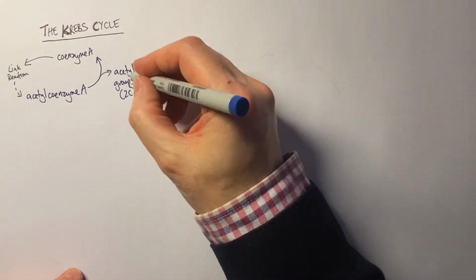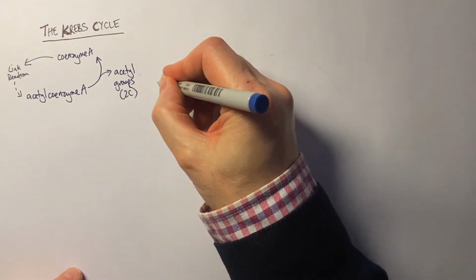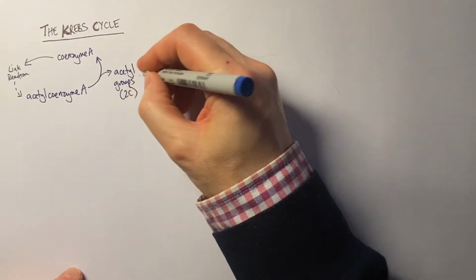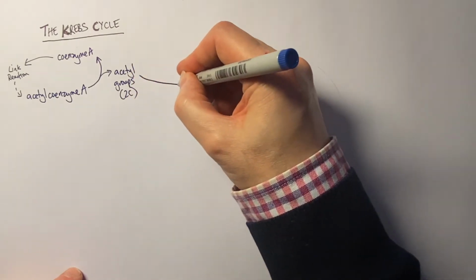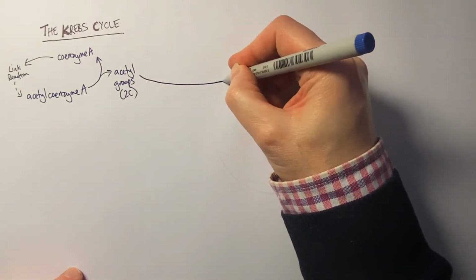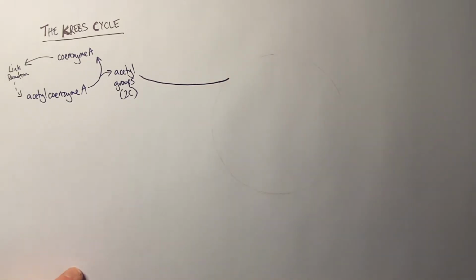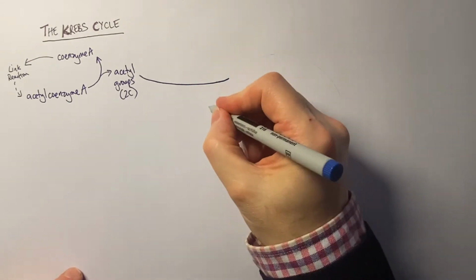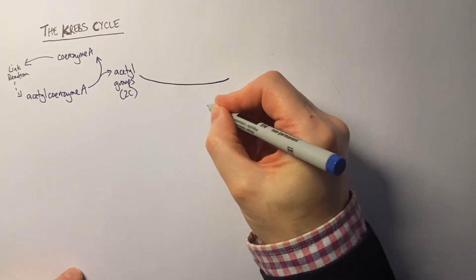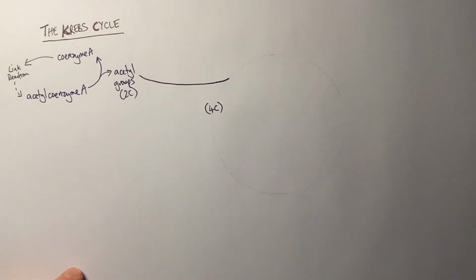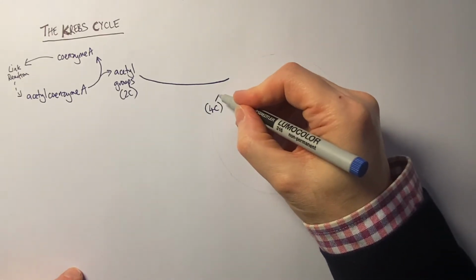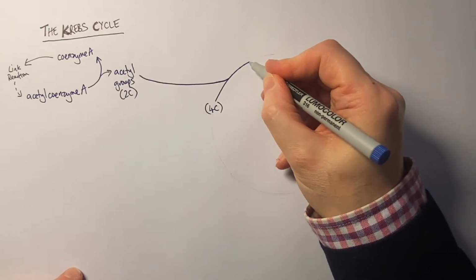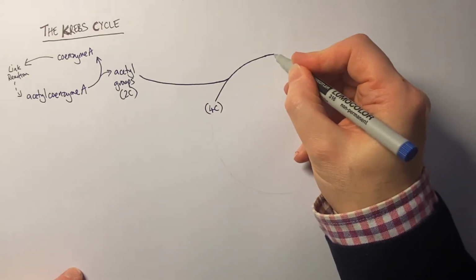So acetyl groups move on to the Krebs cycle, and acetyl groups join to a 4-carbon compound which is in the matrix of the mitochondria.